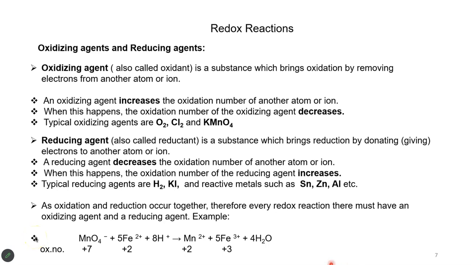Well, we have been looking at oxidation reduction reactions. We have to identify the oxidizing agent and the reducing agent. What is an oxidizing agent and what is a reducing agent?